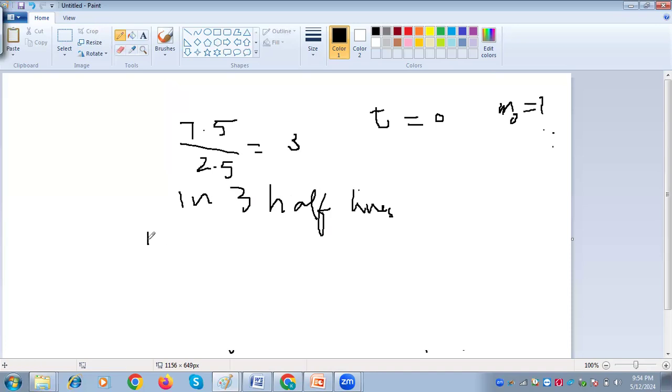fraction remained. I gave you atom remained. We can calculate it using this.